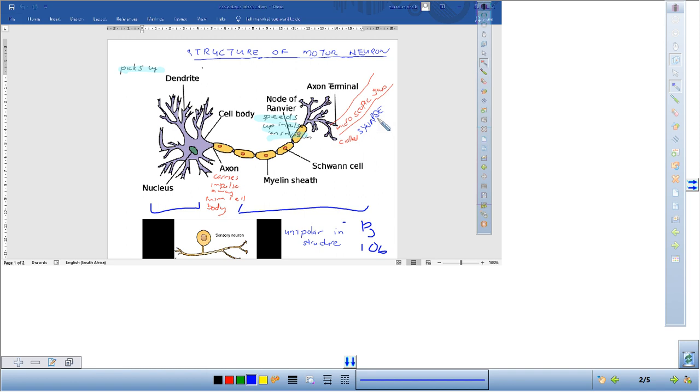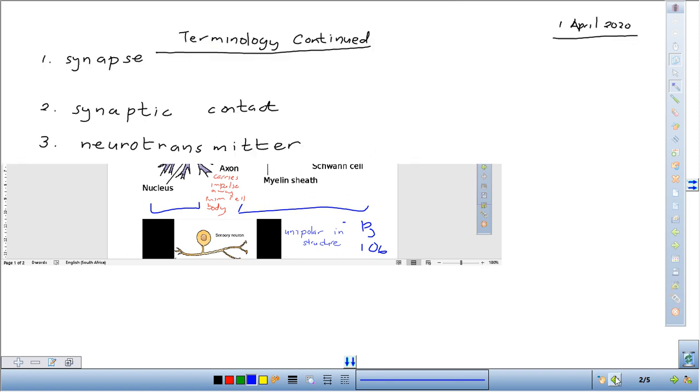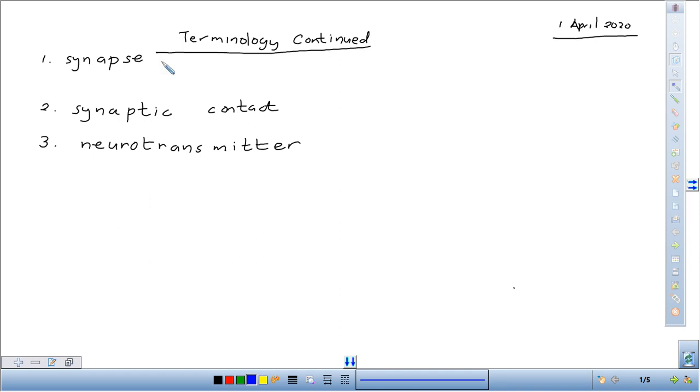What you need to focus on right now is that there's a microscopic gap between the terminal branches of one axon, of one neuron, and the dendrites of the next neuron. That microscopic gap is called a synapse. So we can go back now to our terminology, and you can add in at synapse: microscopic gap between two neurons.